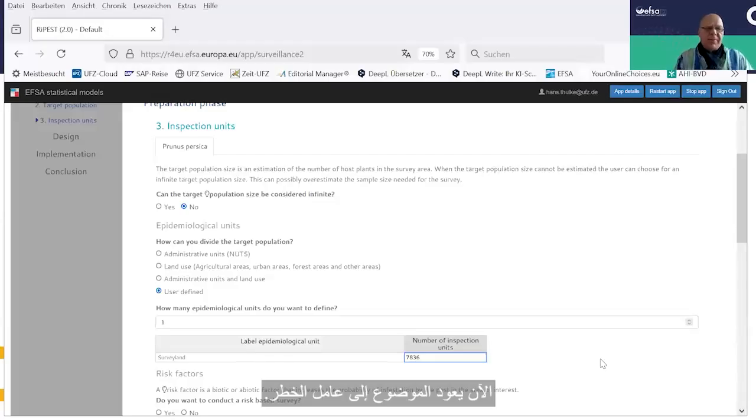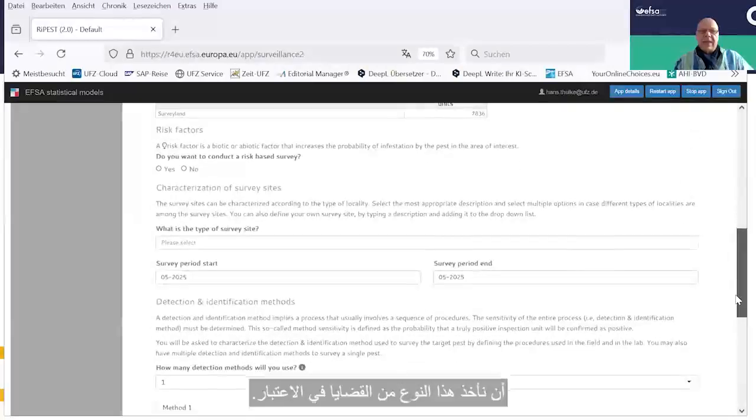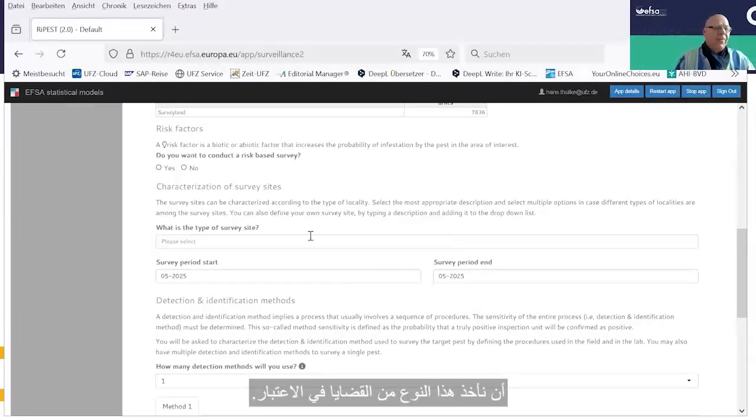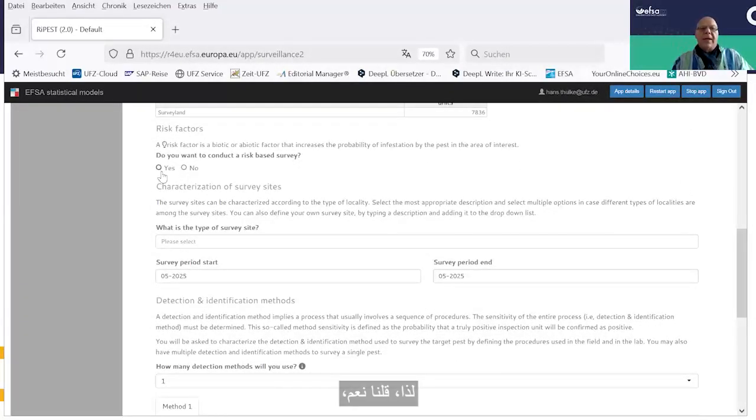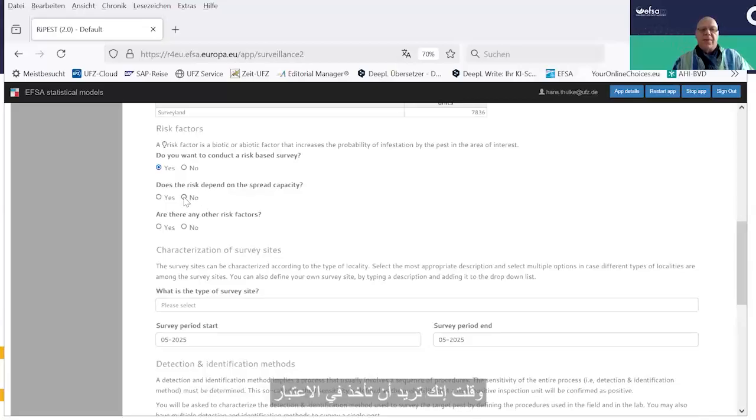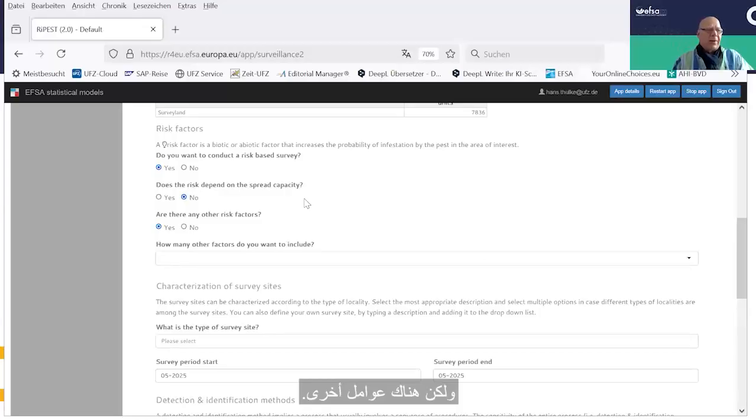Now the question comes back to the risk factor. You were intending already in the beginning that we should consider this kind of issue. So we say yes. And you were saying you want to consider the relatedness of the northern nuts. So I don't think it's about the spread capacity of the insect, but there are others.